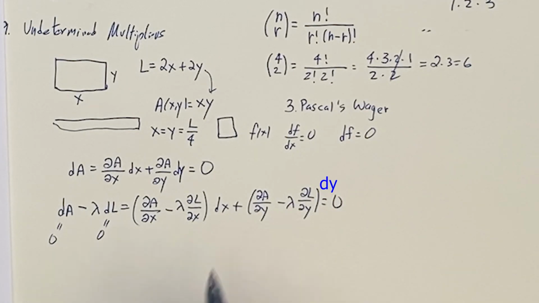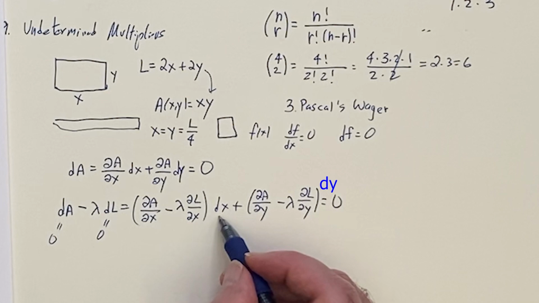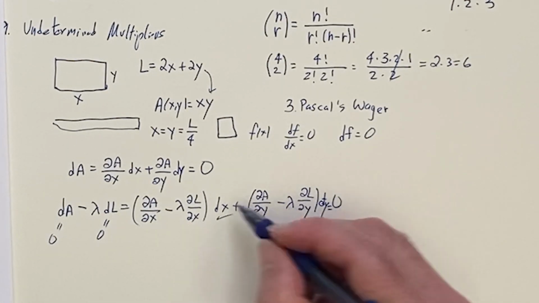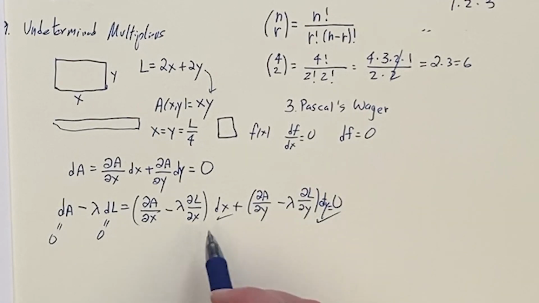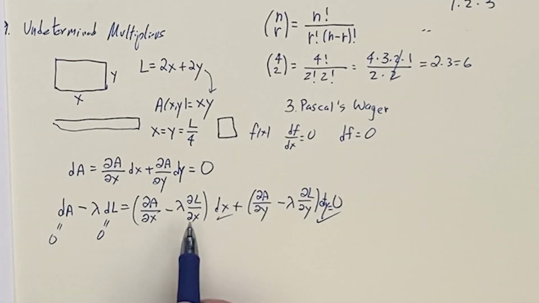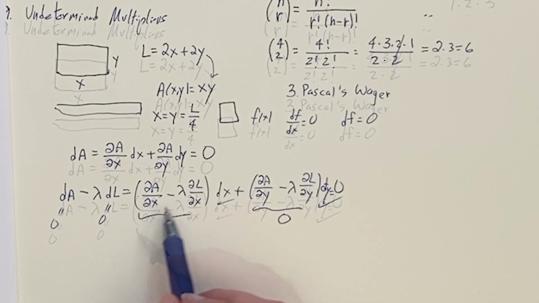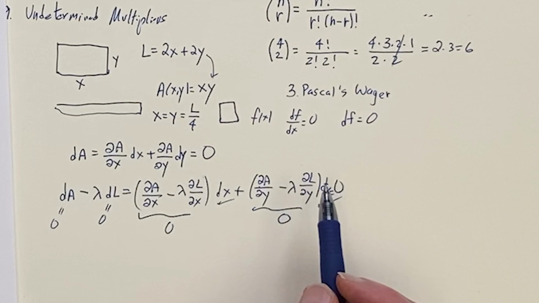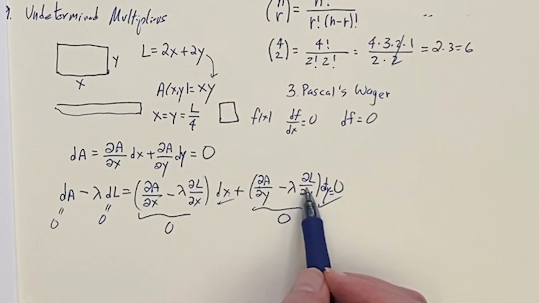And now we're going to pick lambda so that dx and dy can be independent, because the lambda is going to help us do that. So now we can set what's in front equal to 0, as if these were independent.